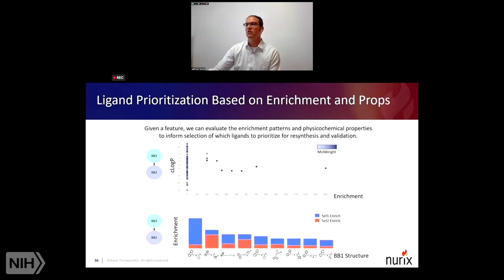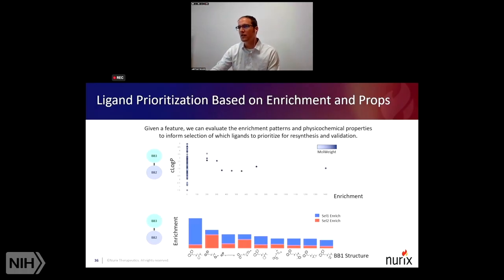And so you can make decisions relating to, again, because this is going to be feeding into a lead optimization campaign ideally, making sure that we're picking compounds that have a reasonable C-log P or predicted solubility, as well as making sure that they're in a molecular weight range that we care about. And then we can make these decisions with an eye towards the relative enrichment of each ligand in the series. And similarly, in evaluating chemical properties, we also can focus on the local SAR and understand where do we have room to play with and where should we really stick to a defined building block.